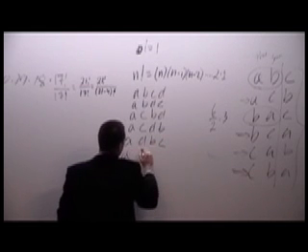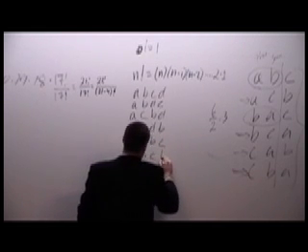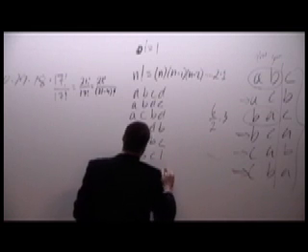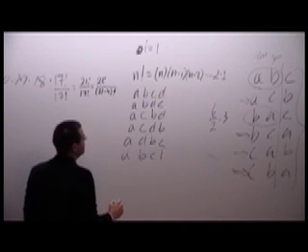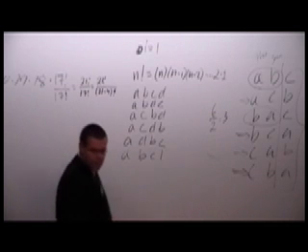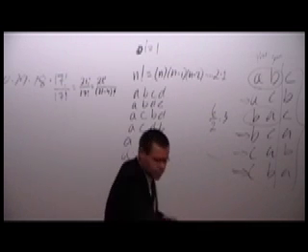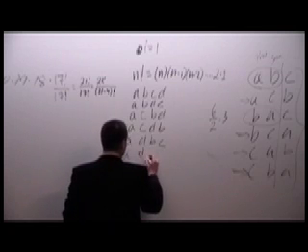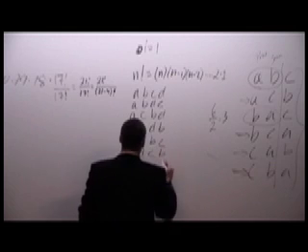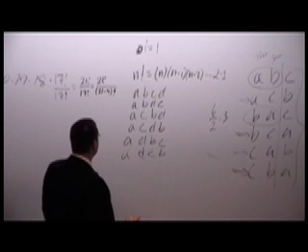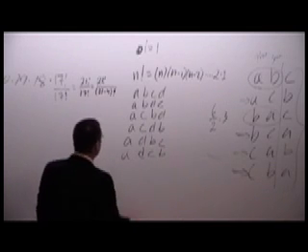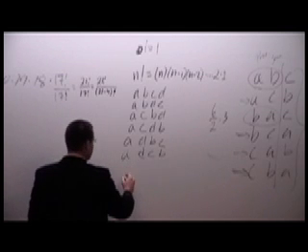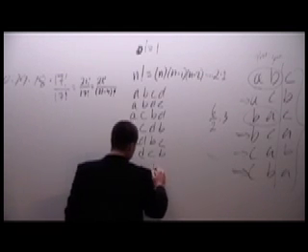C, A, B, C. I've messed up. Yeah, you're right. I'm sorry. Okay. And so that's 6. And then we're going to get the same thing for B. B, A.